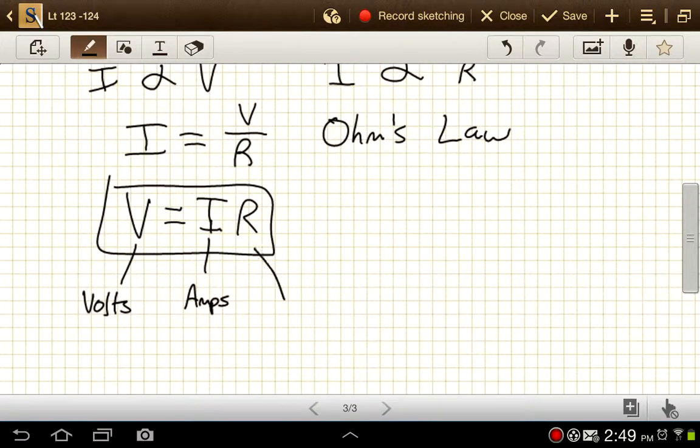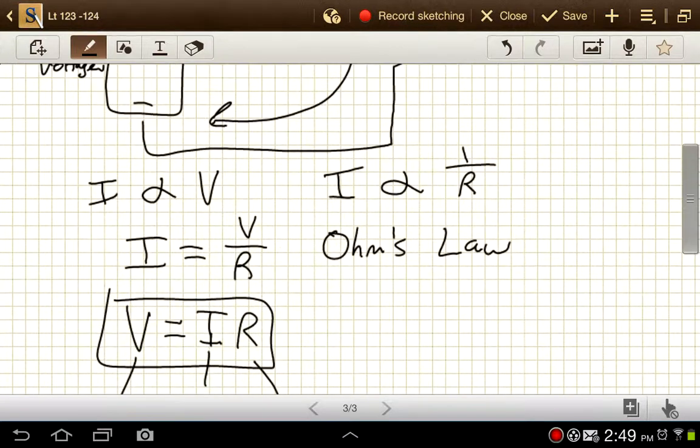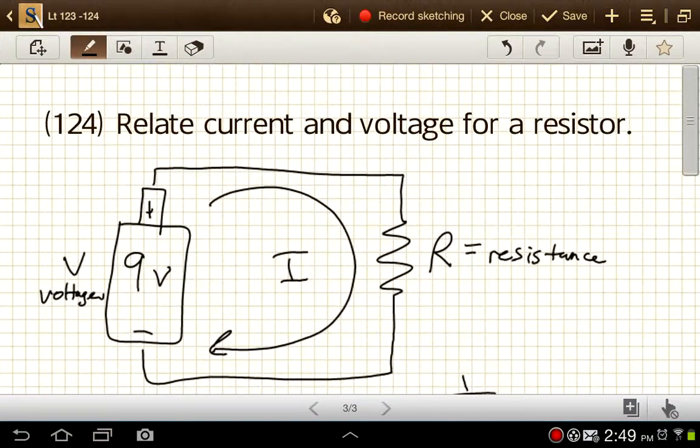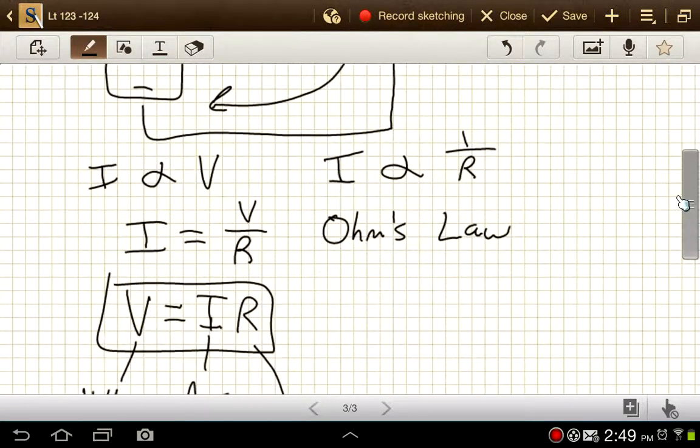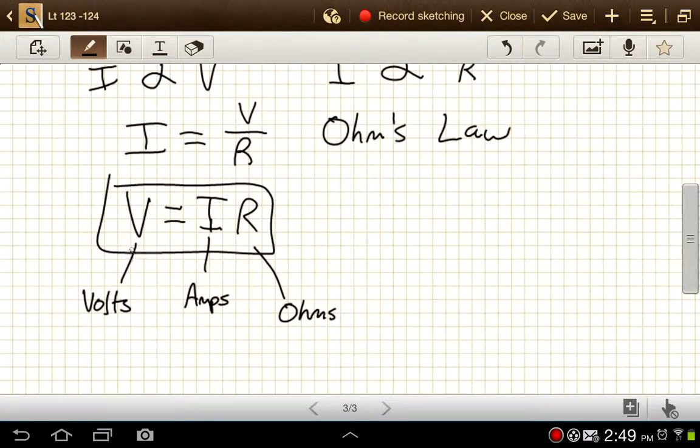We haven't talked about units for this yet. The units for resistance are ohms. And so that relationship is going to hold true. Resistors typically have a fixed value regardless of the voltage or the current. And so once we know that value, if we know volts, we can find amps. If we know amps, we can find volts.